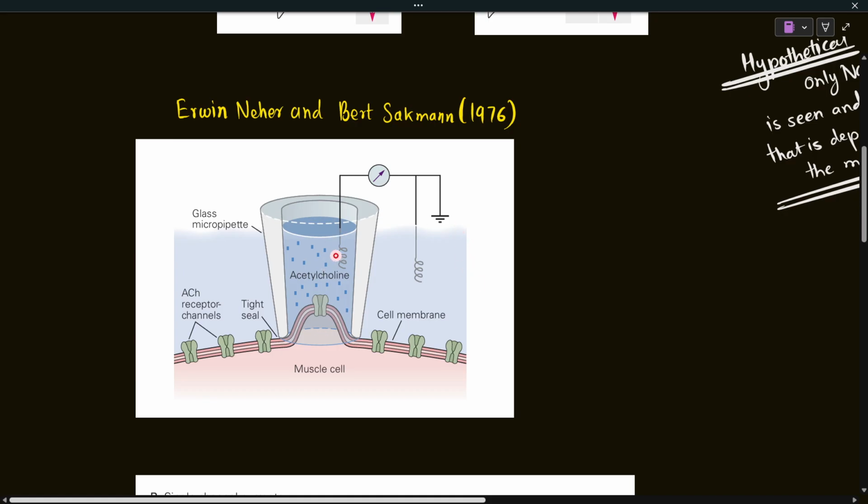So when they introduced acetylcholine, and once acetylcholine binds, they measured through this apparatus the current which is generated. They observed that the current being generated was very small, and it is a rectangular step of ionic current.